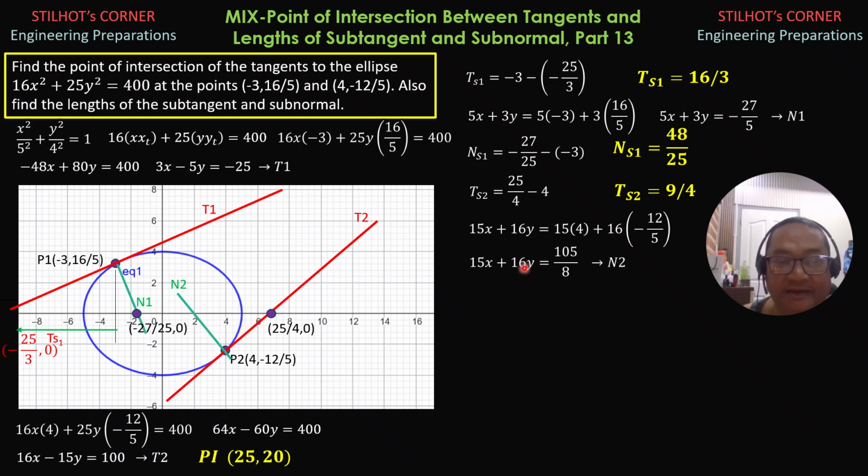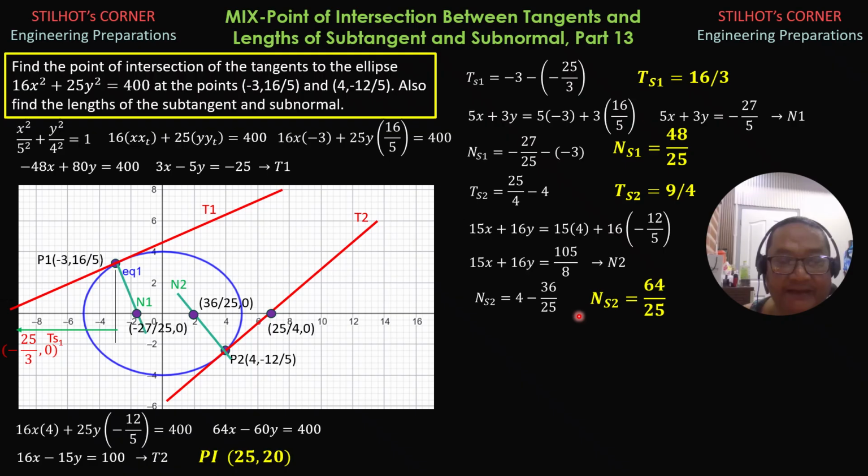Setting y equals 0 to find the x-intercept of normal 2, it is equal to 36 over 25, comma 0, when y is 0. So the horizontal projection is the subnormal 2, and that is 4 minus 36 over 25. So 4 minus 36 over 25 is equal to 64 over 25.